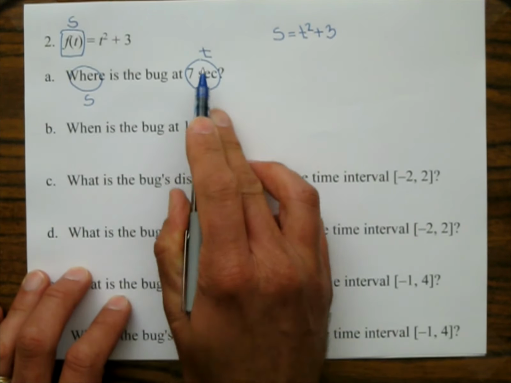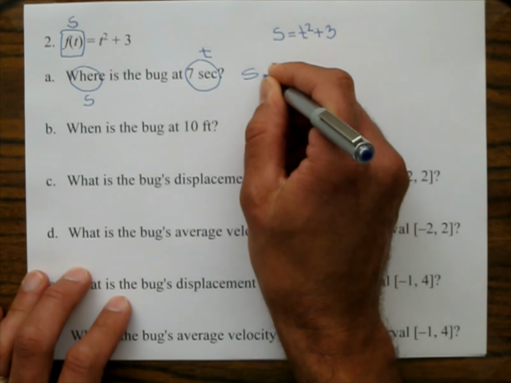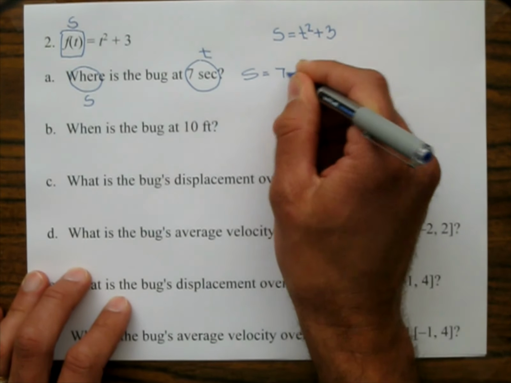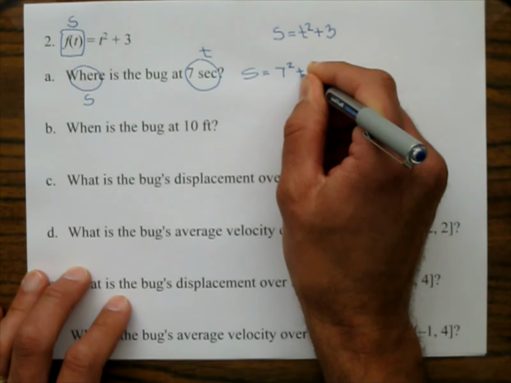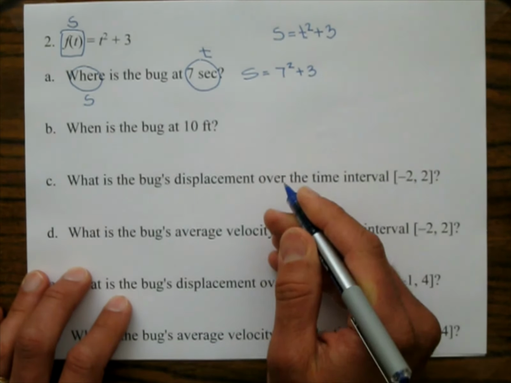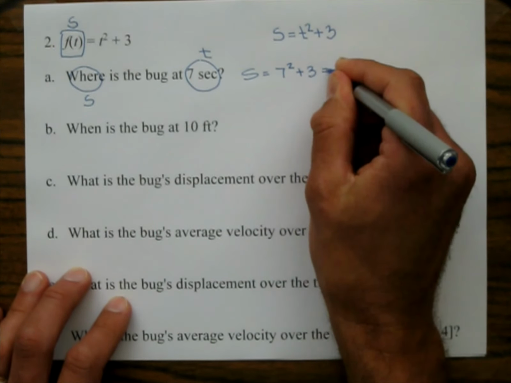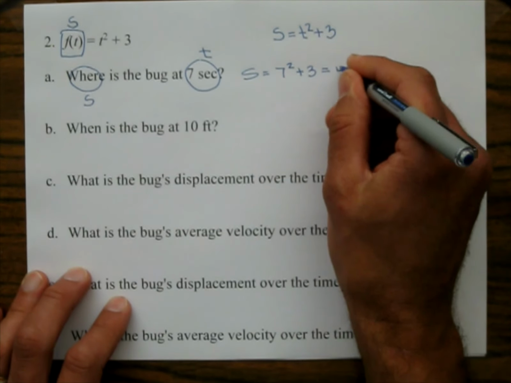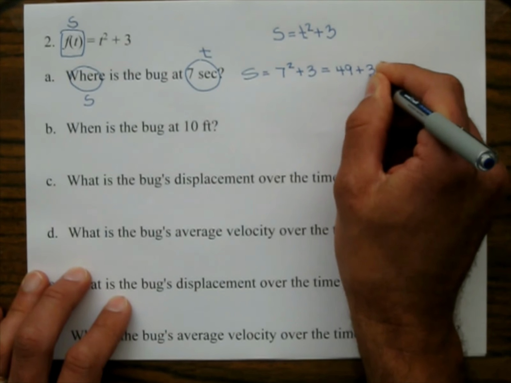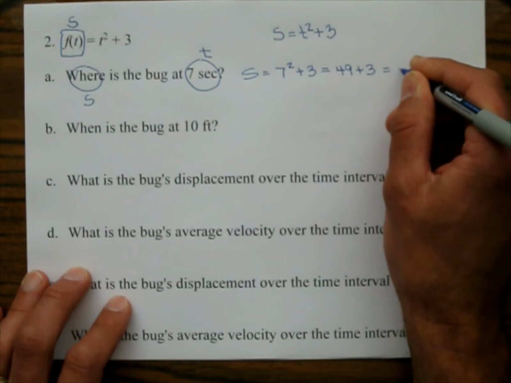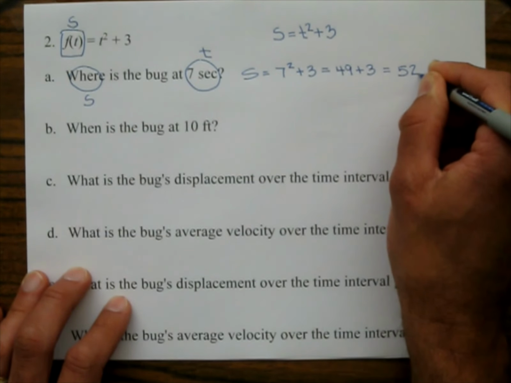So for this problem, I'm going to say s equals 7 squared plus 3. 7 squared is 49 plus 3, which is 52, and we have to do our units.